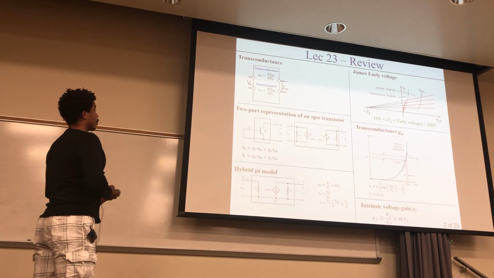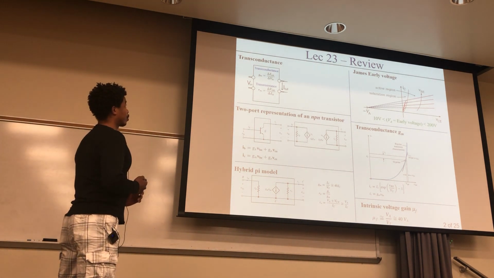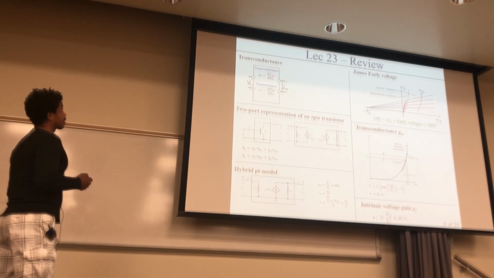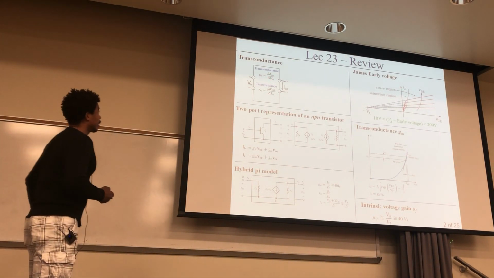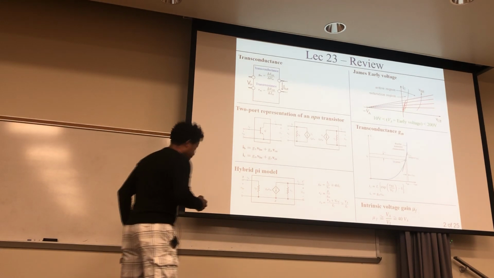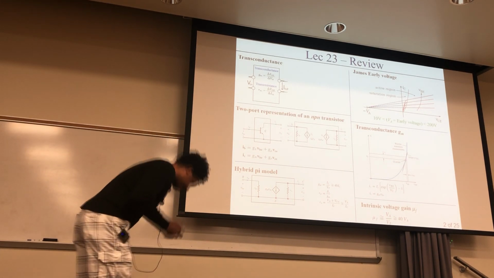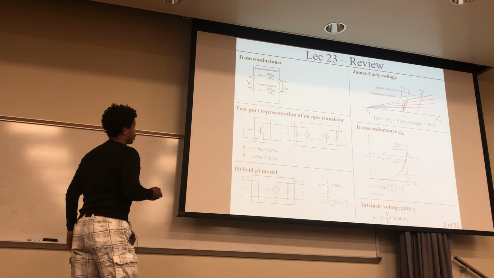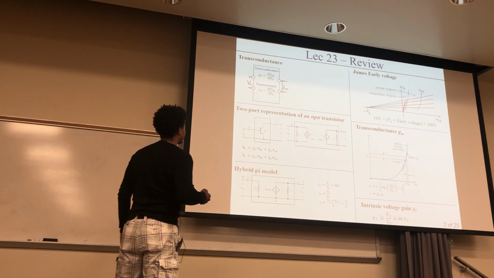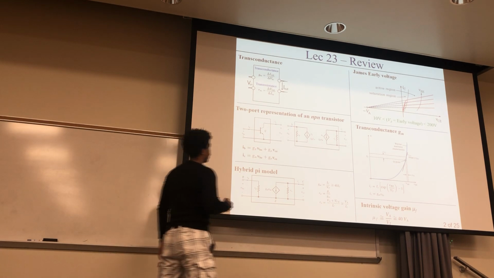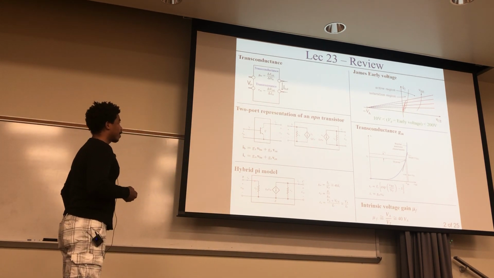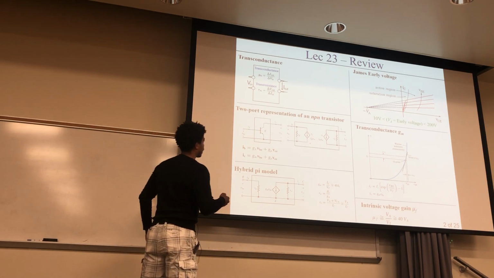Okay, so for review, in lecture 23, we went over transconductance and also transresistance. We also looked at the two-port representation of an NPN transistor right here, and looked at the Y parameters, and found out that we can convert this to a hybrid pi model by assuming that this G mu right here is 0.